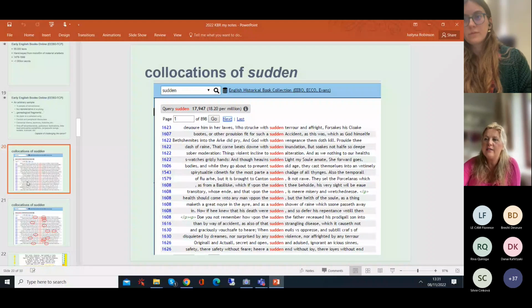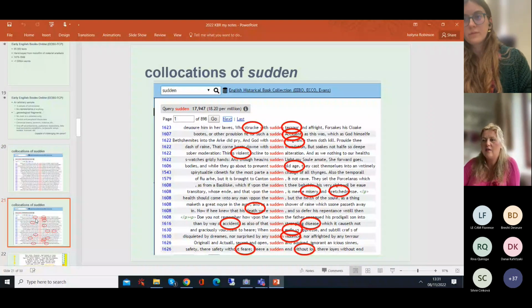When I read the individual concordances as a human rather than as a computer, I can see that around that adjective there are a lot of negative terms: violent, terror, accident, misery, death, disease, fear.